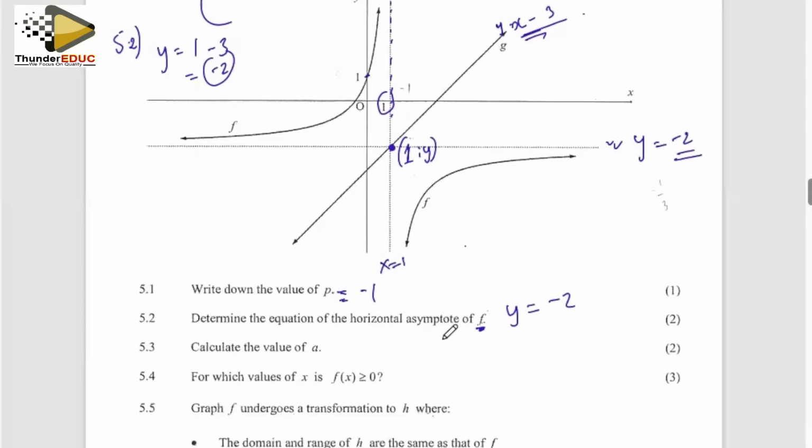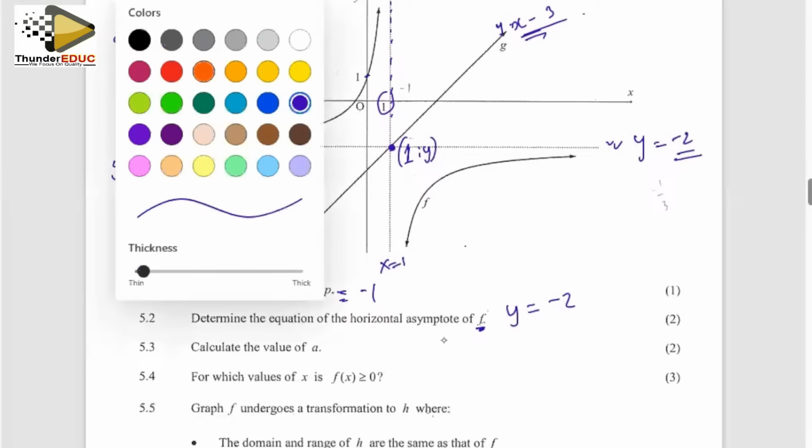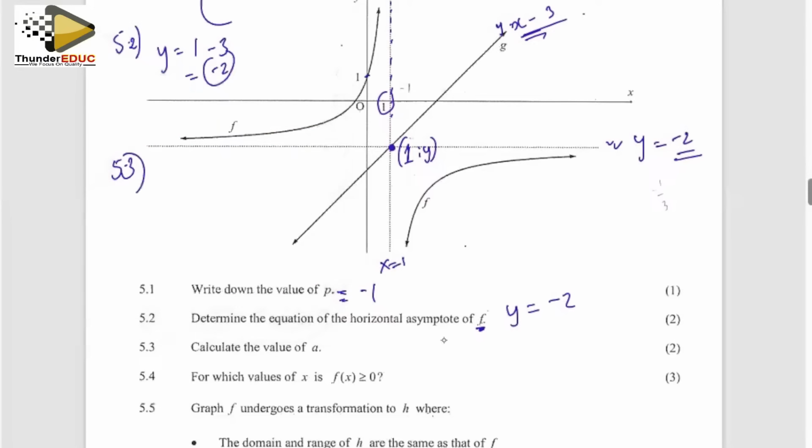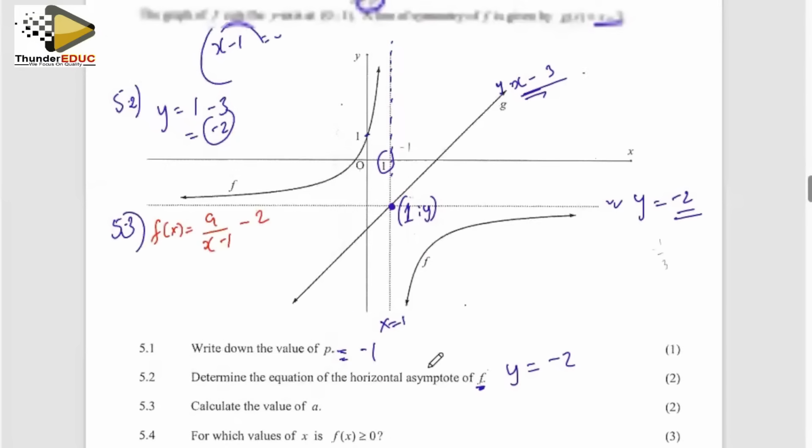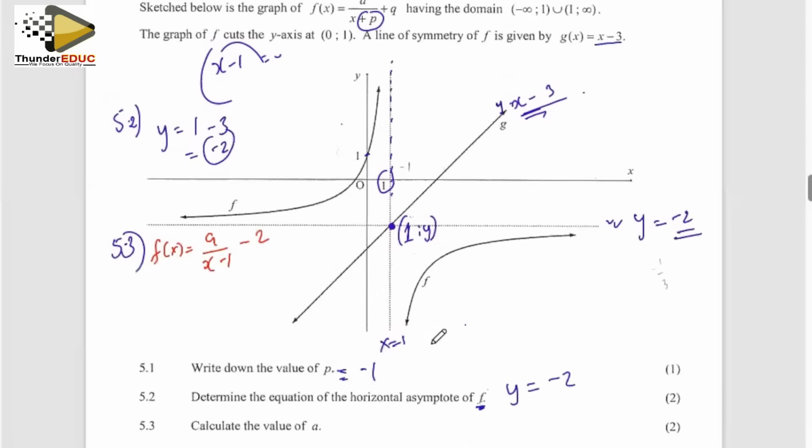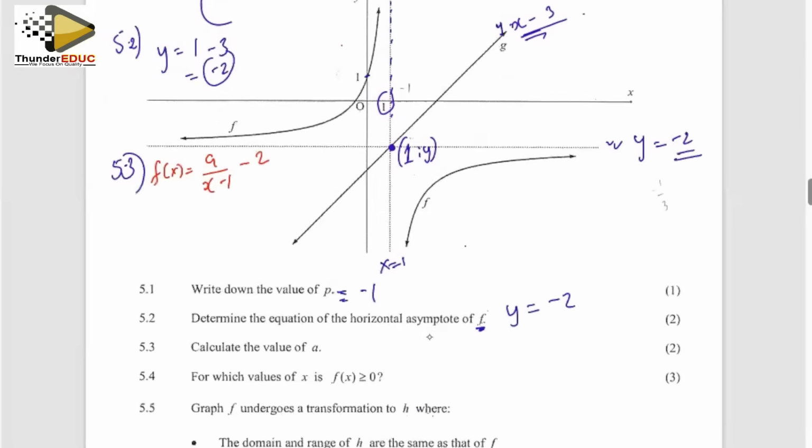Okay. And then they want us to get the value of a. So 5.3, value of a, just substitute into the original equation. So it's a over x minus 1, and then we found also that the q is -2. We need just 1 point since we have one unknown.